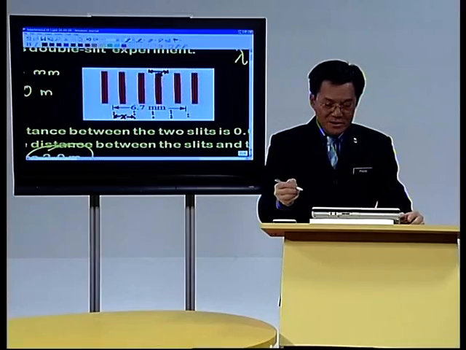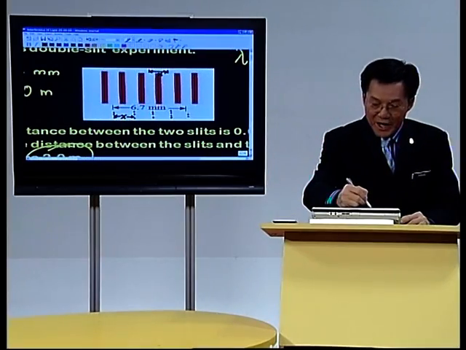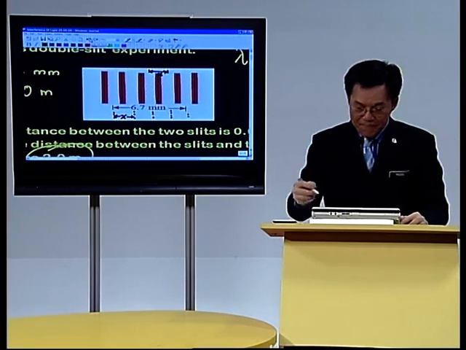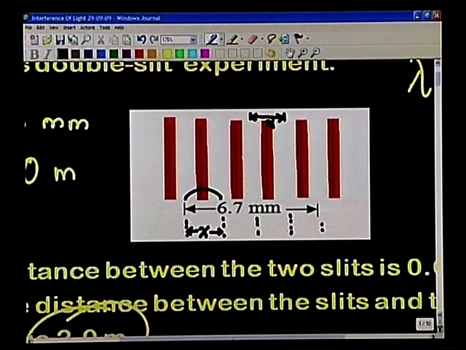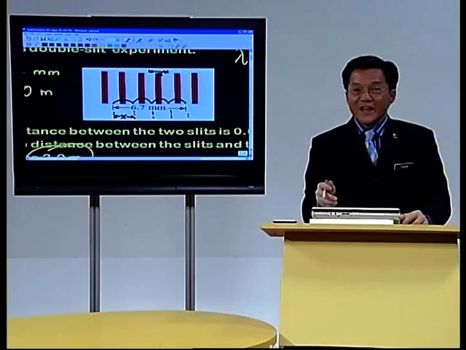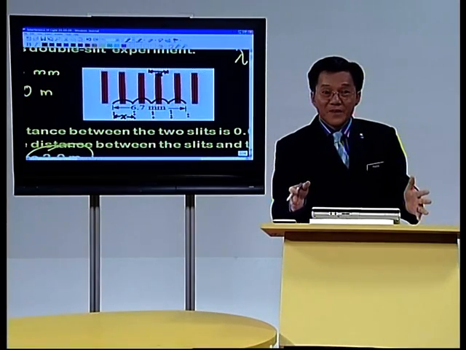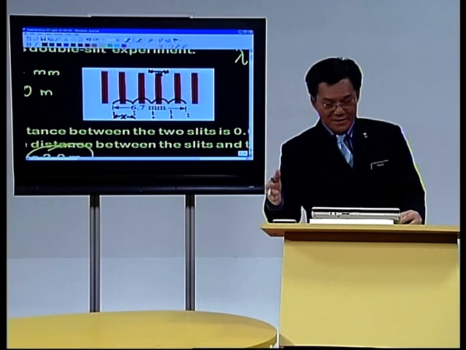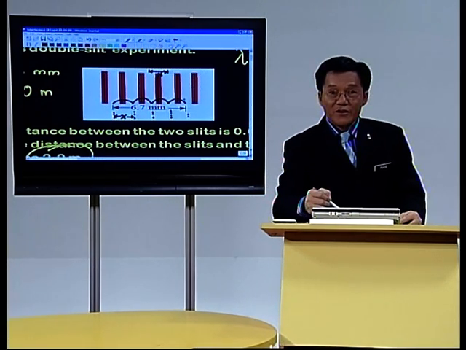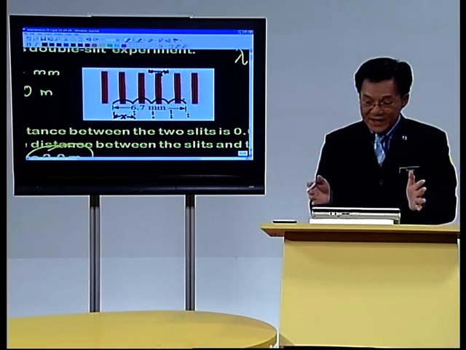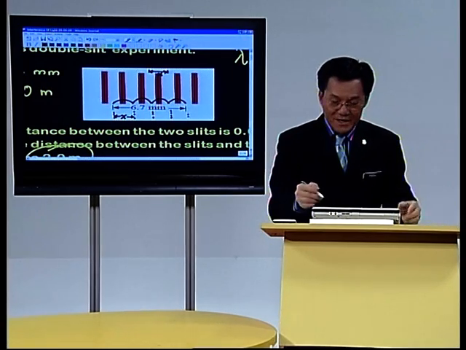Alright? So, when I use the diagram now, you will notice that 1, 2, 3, 4. So altogether, how many x's are there? It is actually 4x. Okay? 1, 2, 3, 4. 4x is given as 6.7 millimeters.